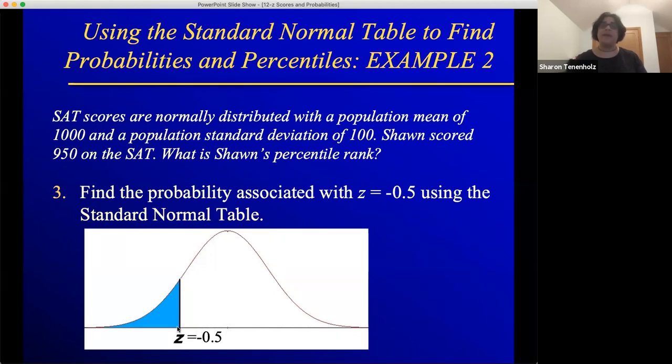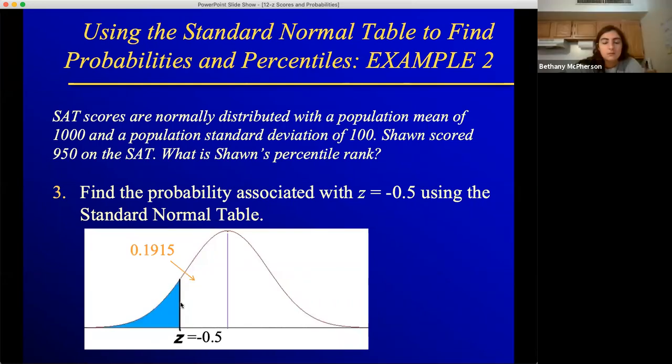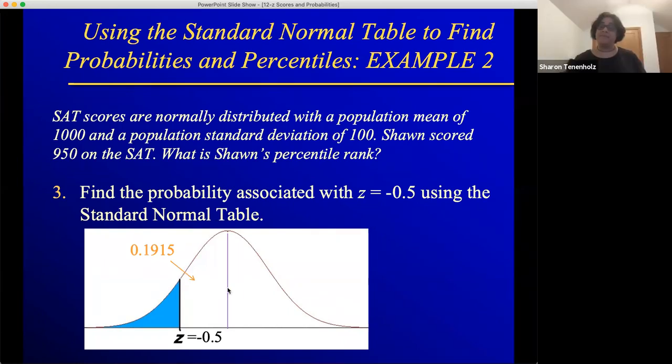So the probability of having a z-score below this, the area under the curve, if the entire curve is 100%. What percentage of the curve falls below a z of negative 0.5? Now, what we've looked up, this 0.1915, is this area in here, the area between the z-score of negative 0.5 and the mean.